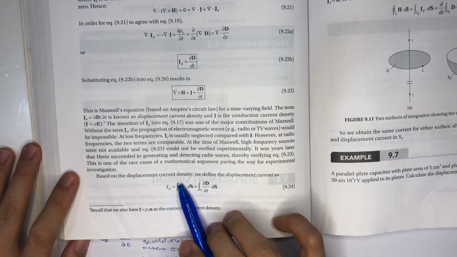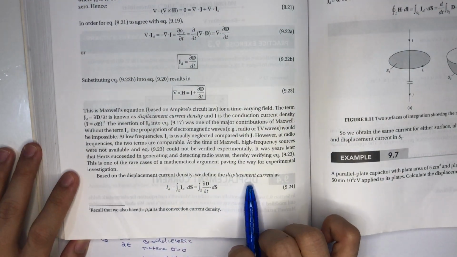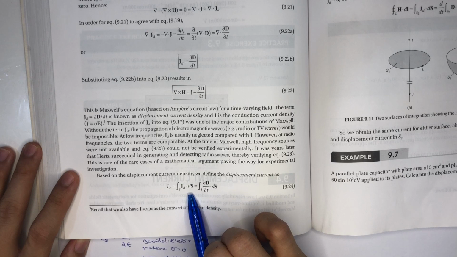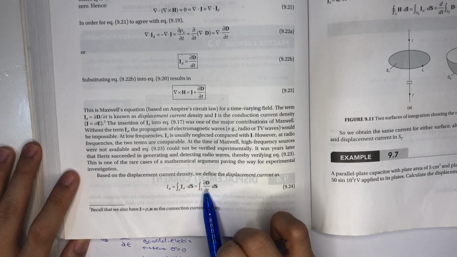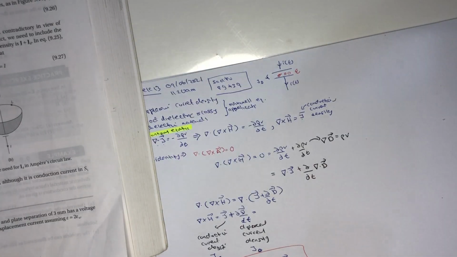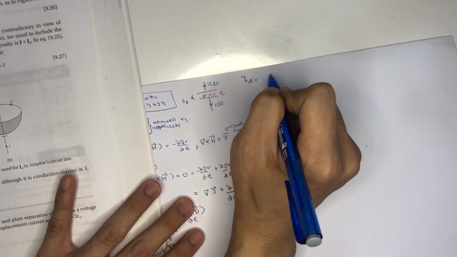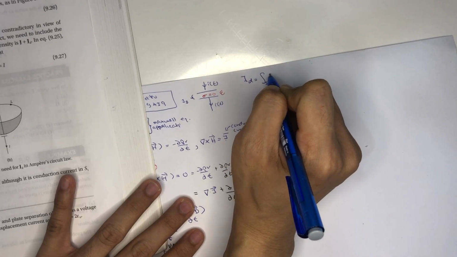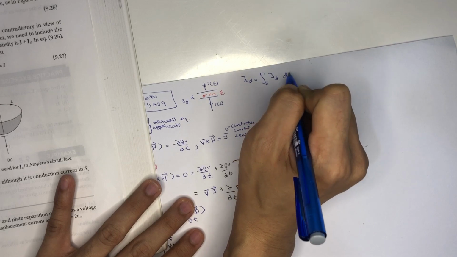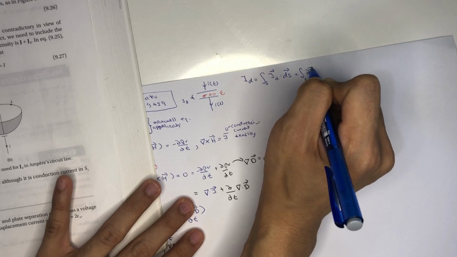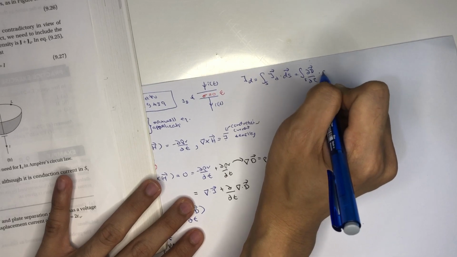Based on the displacement current density, we define the displacement current as ID equals the integral over S of JD dot dS, which equals the integral over the surface of dD over dt dot dS.